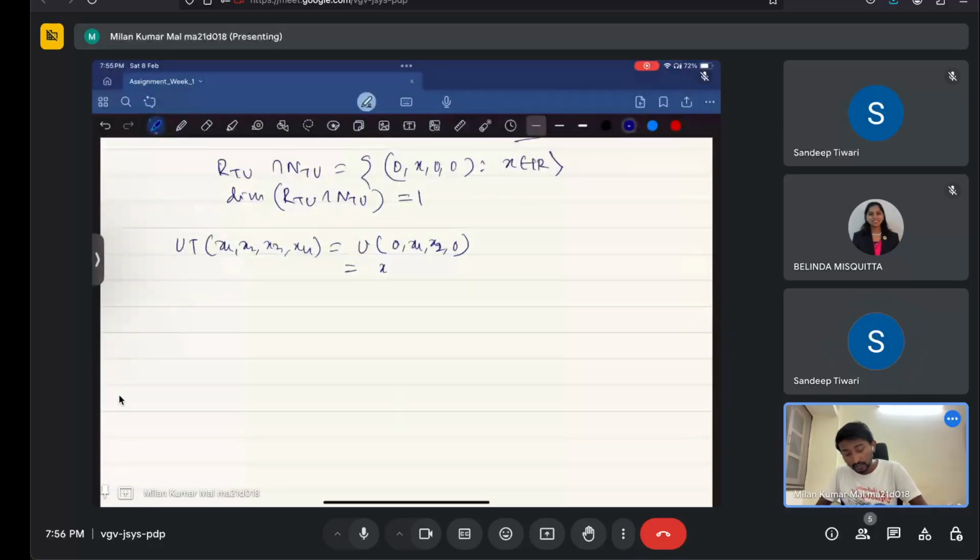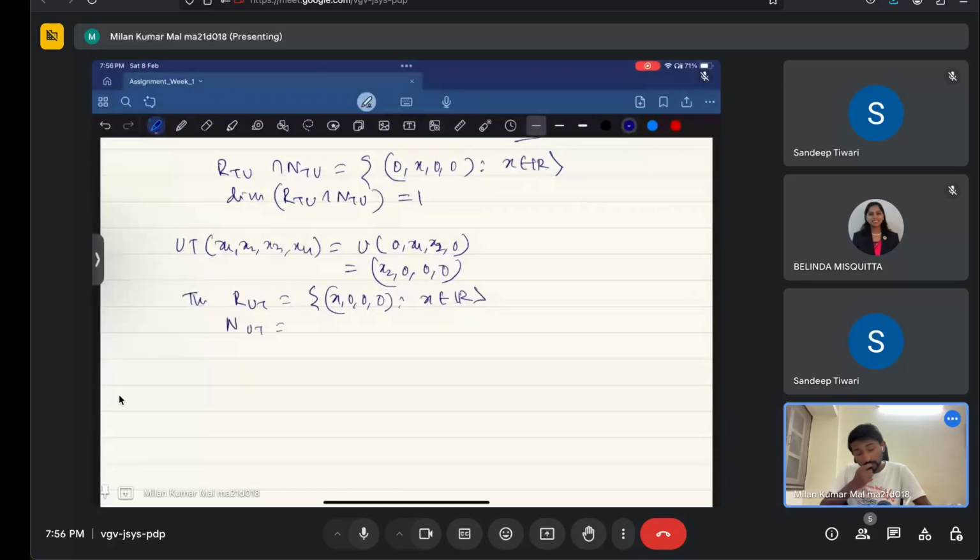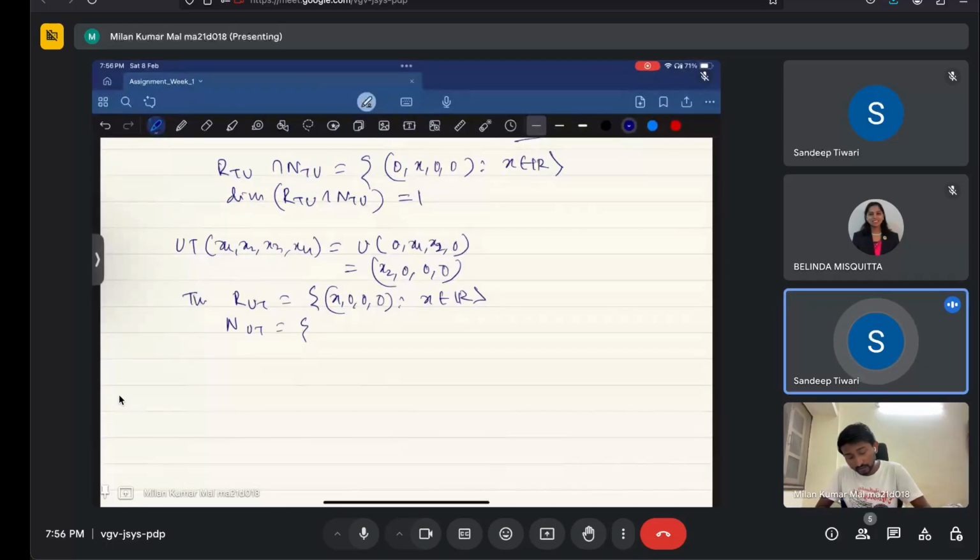I think this is the thing. Therefore, the range of U(T) equals all entries (x, 0, 0) such that x belongs to R, and the null space of U(T) will be x1, x3, x4 will be 0.